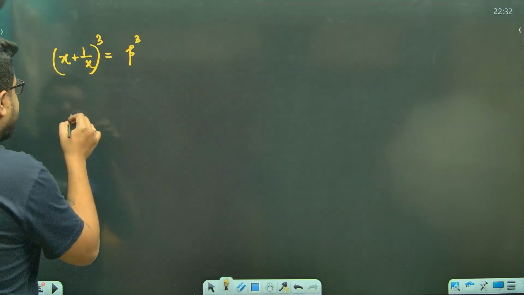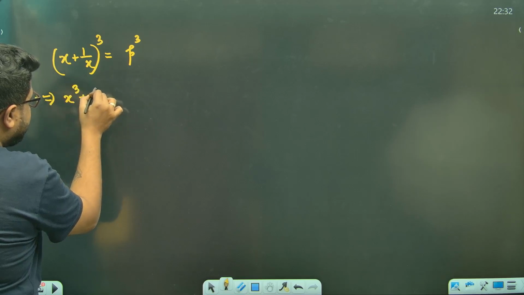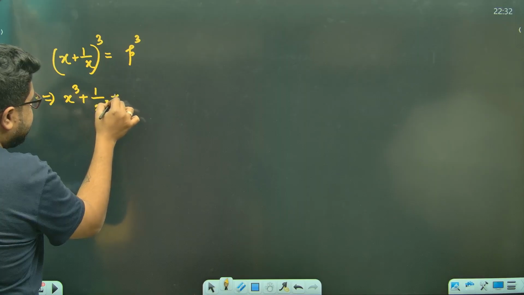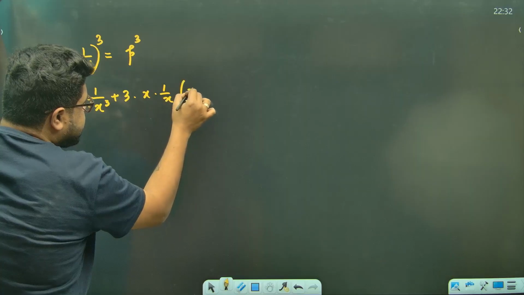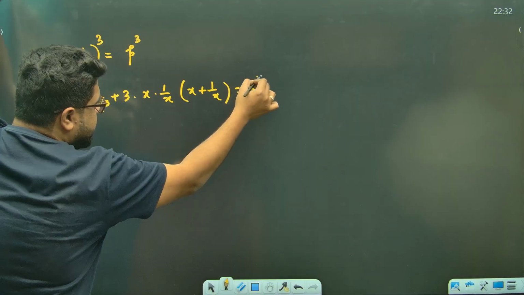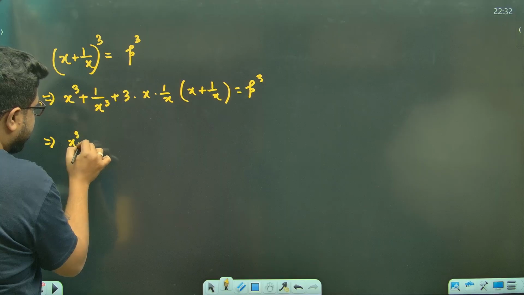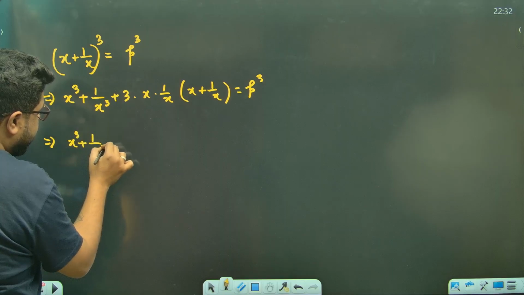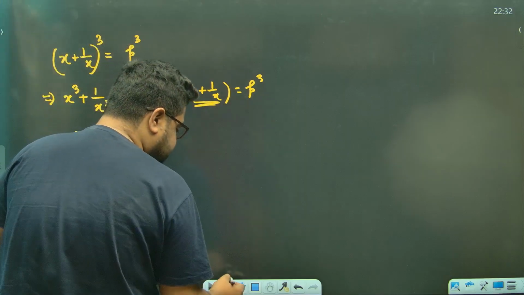Again, let's write it down in the formula: a cube plus b cube plus 3 into a into b into a plus b, sir. That is equal to p cube. And if you just go about this business, x cube plus 1 by x cube plus, so this cancels, and you see x plus 1 by x was what?